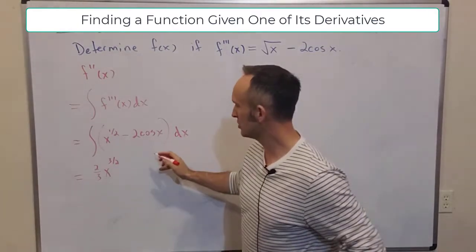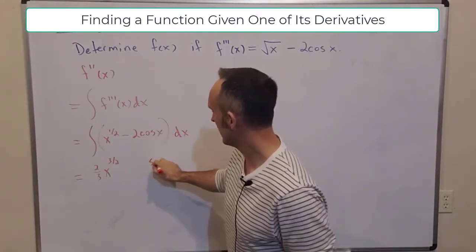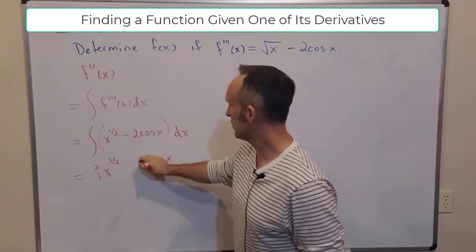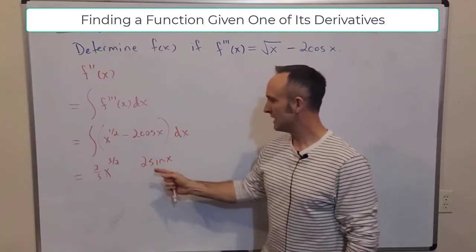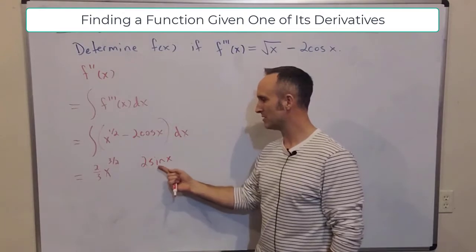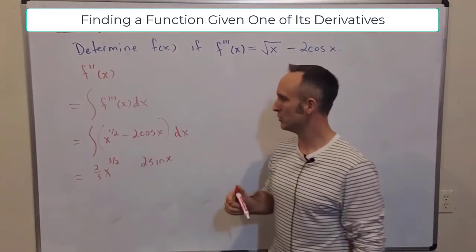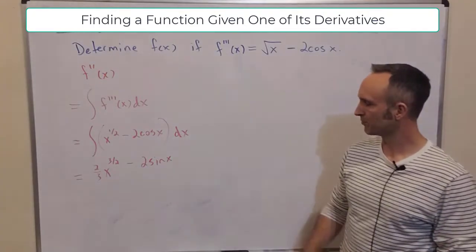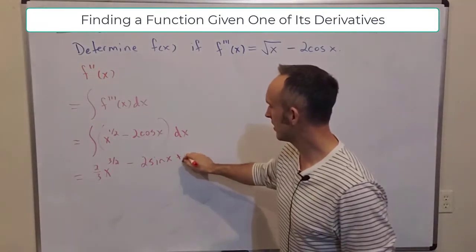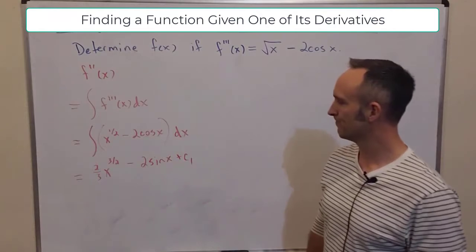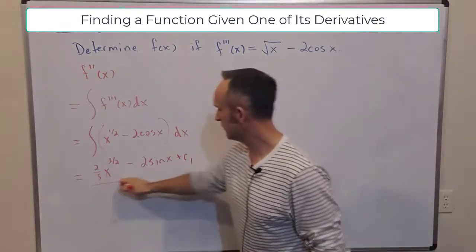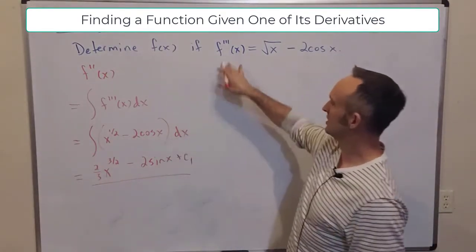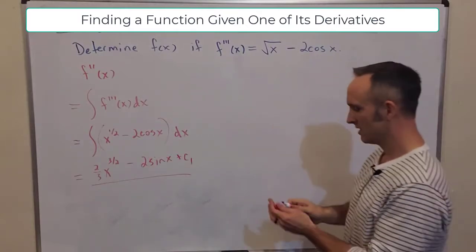And I know to get cosine, I have to differentiate sine. And to get the 2, I need a coefficient of 2. If I differentiate 2 times the sine, I get positive 2 cosine x. So I need to have a negative coefficient there. Plus a constant, which we'll call c sub 1. Okay? So that is f double prime of x given this f triple prime of x.